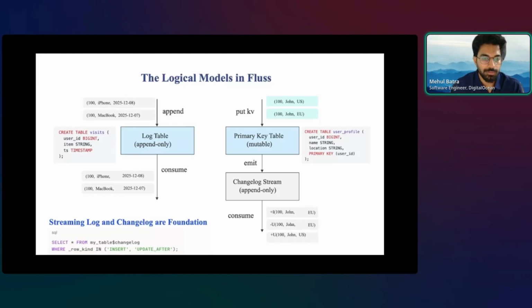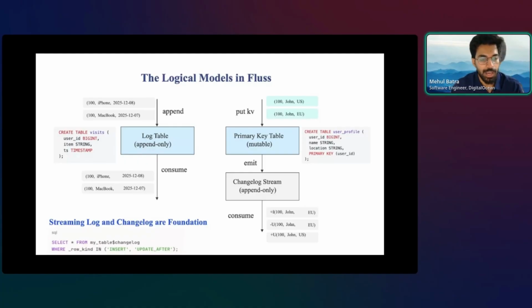We inserted a key value pair which has the user ID, the name, and the location where the person is based. The person was first located in EU, and then we put a new key value pair with the same user ID. Now the location has been changed to US.